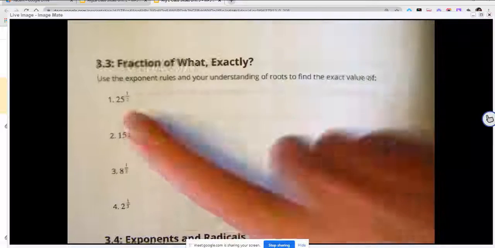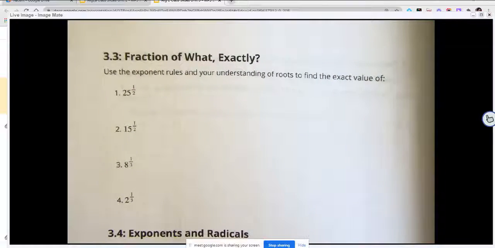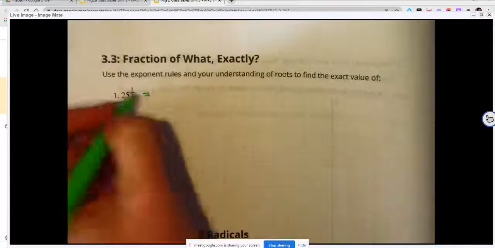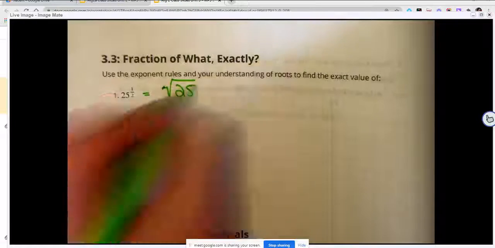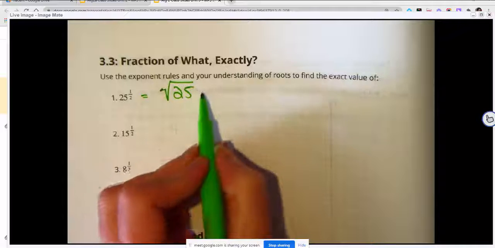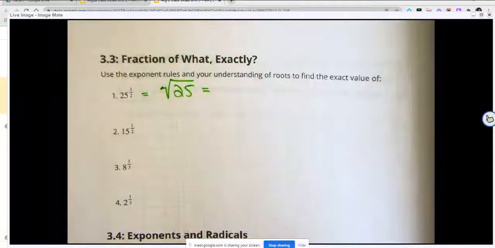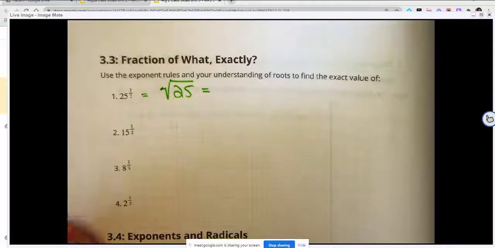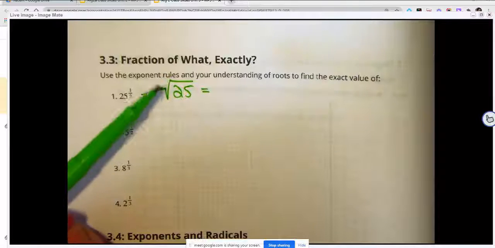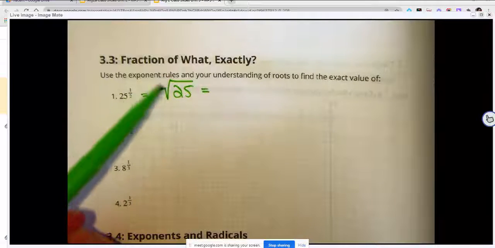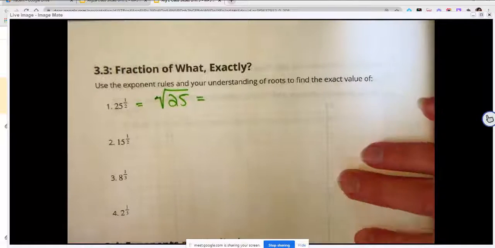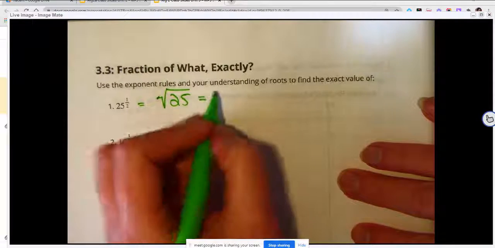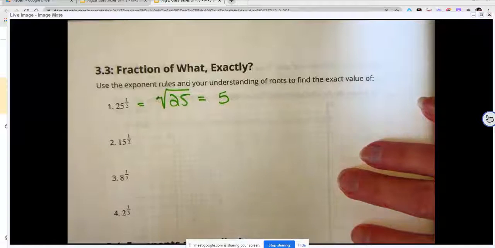So 25 to the 1/2 power is the same as the square root of 25. If we don't write a number there, we just assume it's 2 because it's our square root symbol. What's the square root of 25? 5. Boom. Done. We found it.